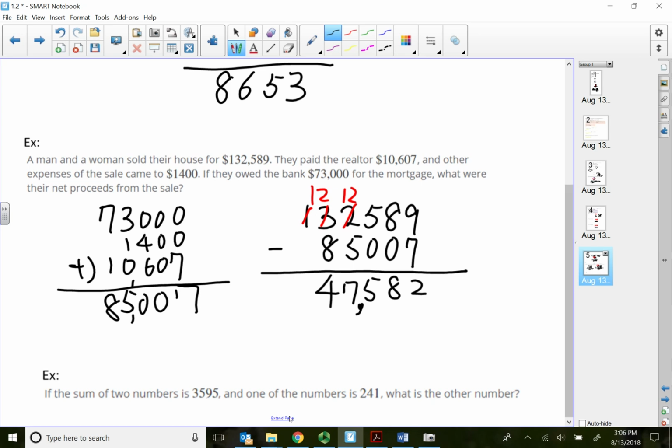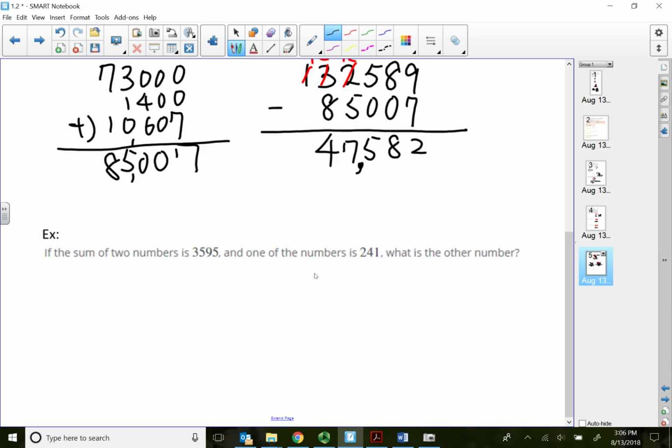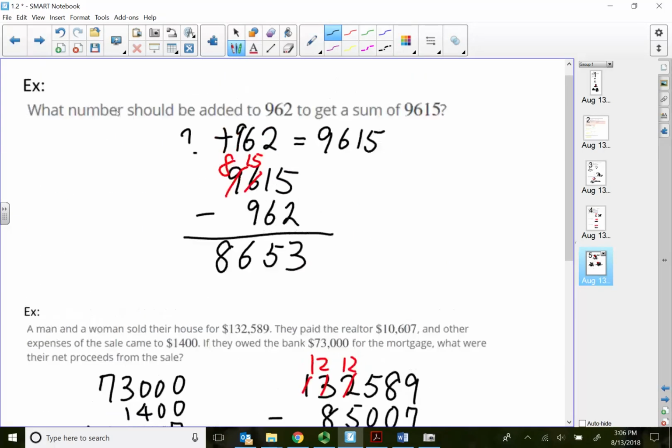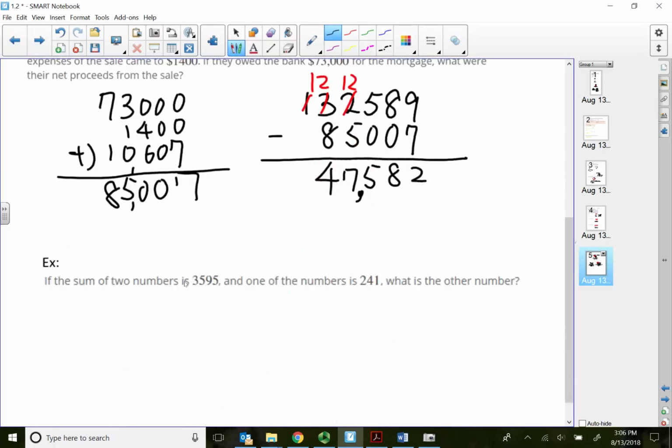All right, this problem, excuse me, is very similar to this one we just did. The sum of two numbers is this. If one of the numbers is 241, what's the other number? So basically, we are saying 241 plus something is equal to the sum of two numbers, 3595.